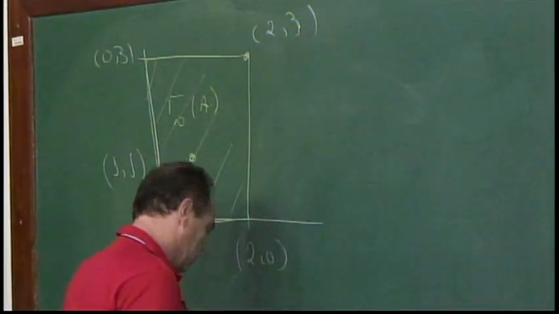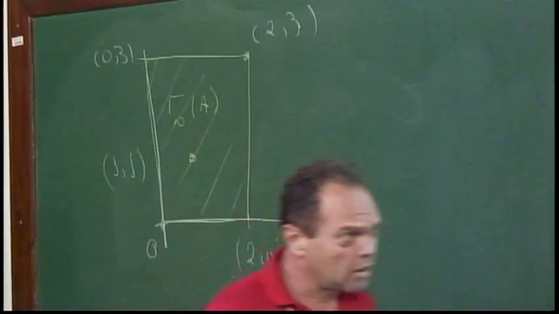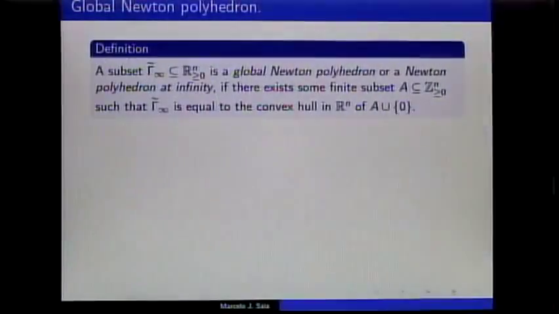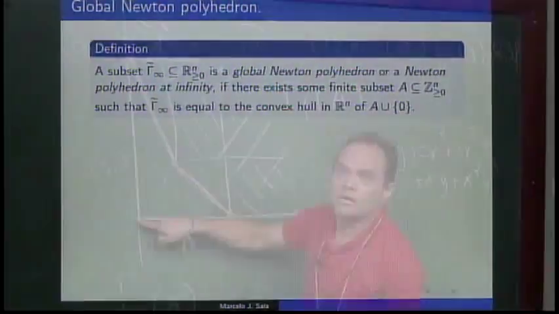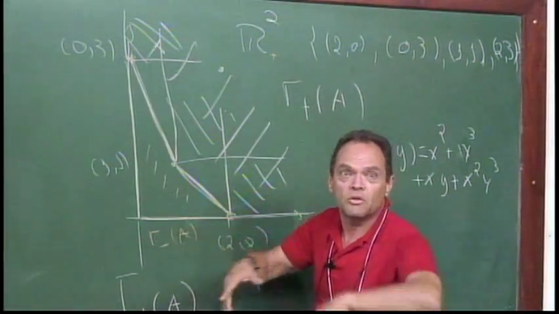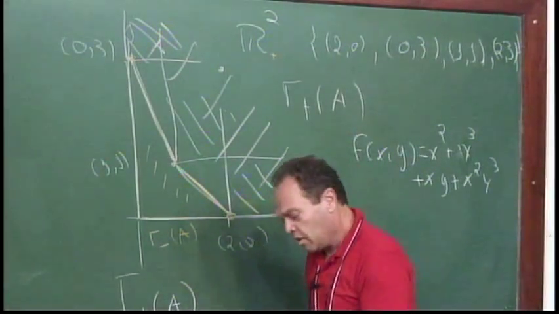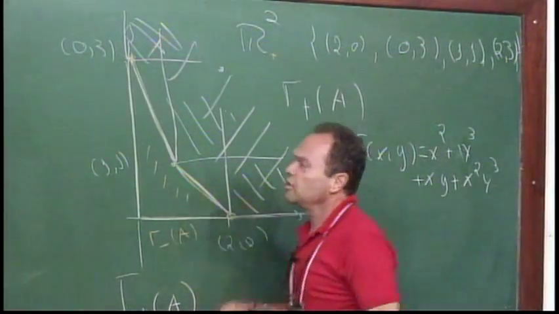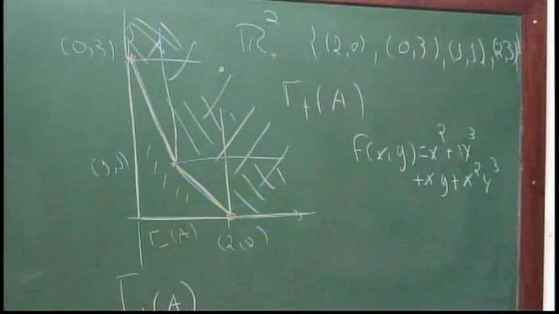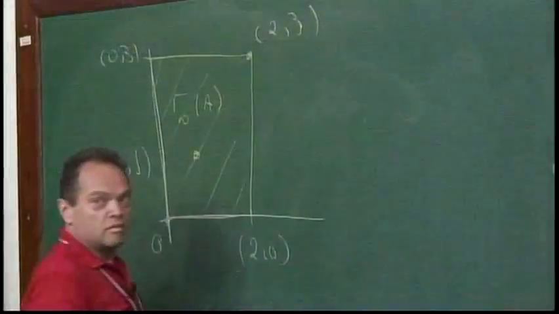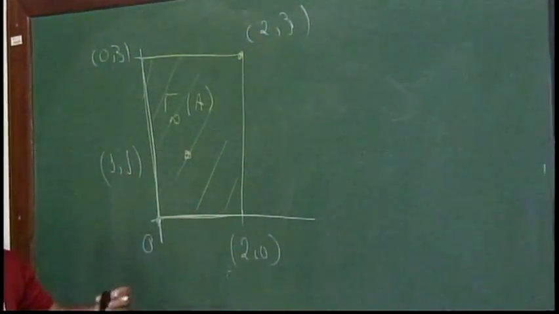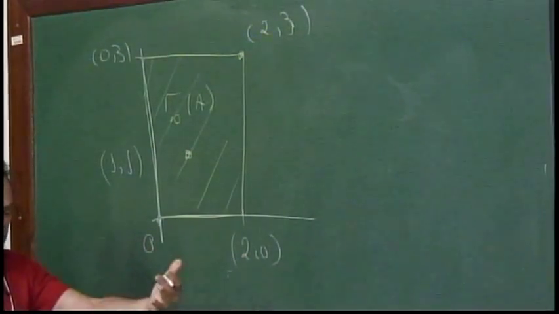The main difference here is that we need to understand what's going on at the origin. Okay, so we need to look at what's going from down to up. If you are looking at the global Newton polyhedron, you want to control what's going out, because you want to control the terms which are going to infinity.